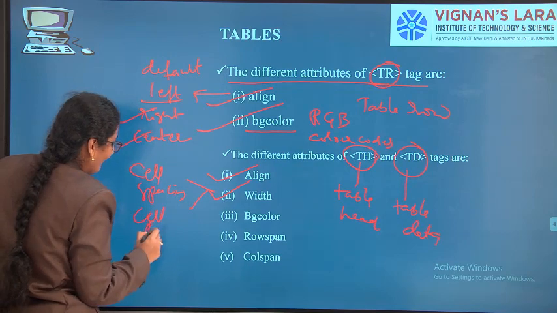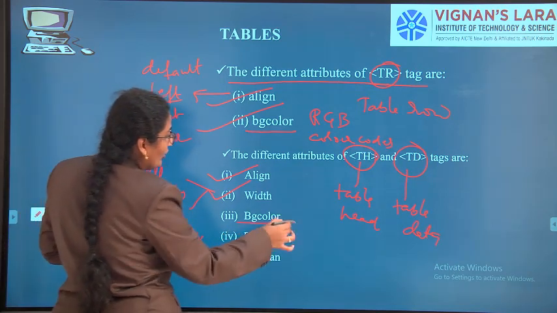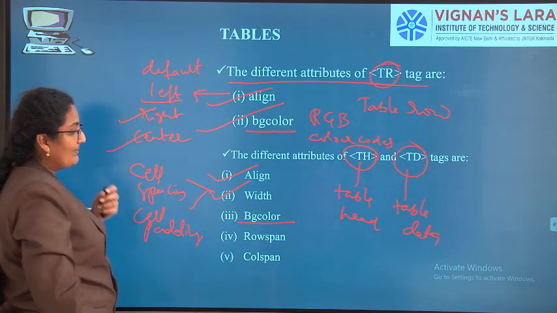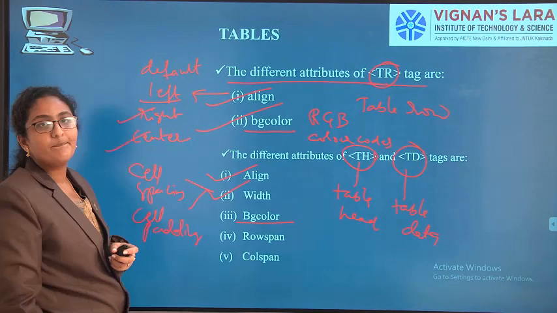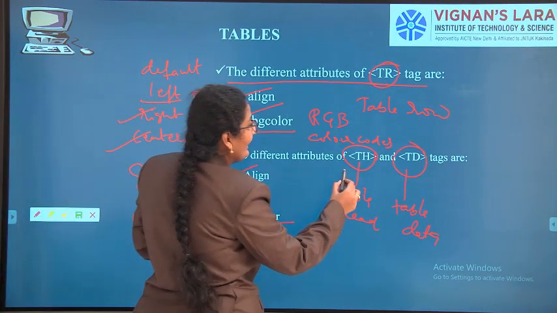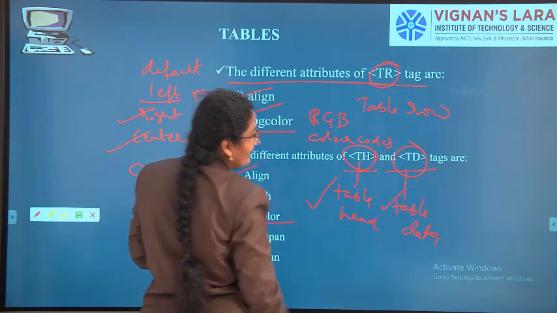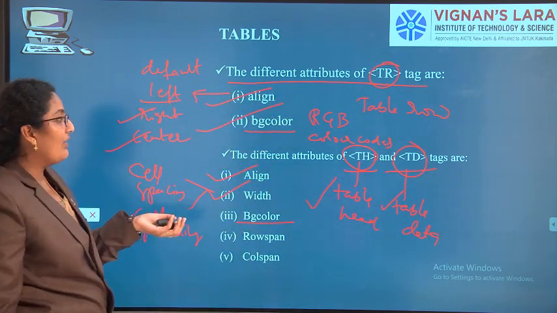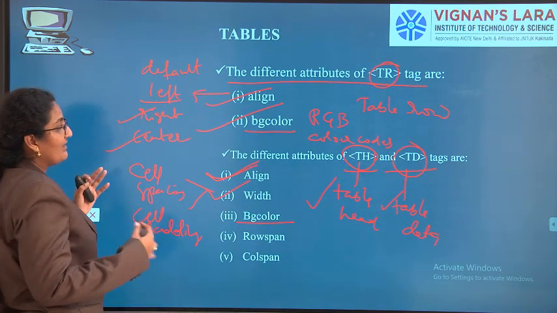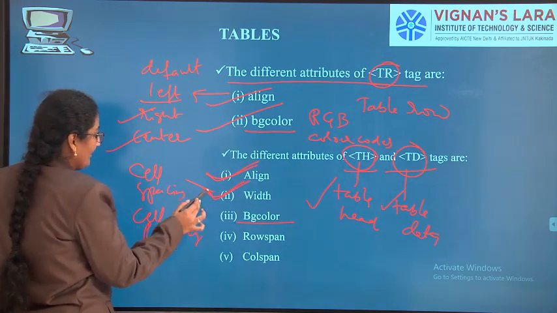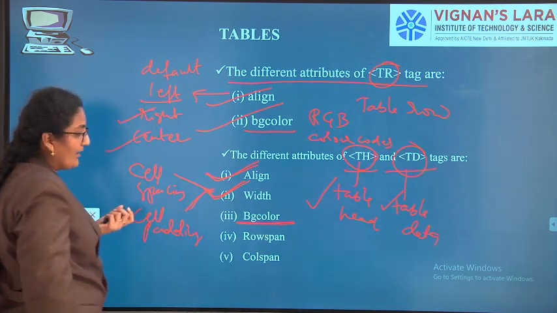Align, which is nothing but left, right and center. Width, which is nothing but cell spacing and cell padding. BG, which is nothing but background color.